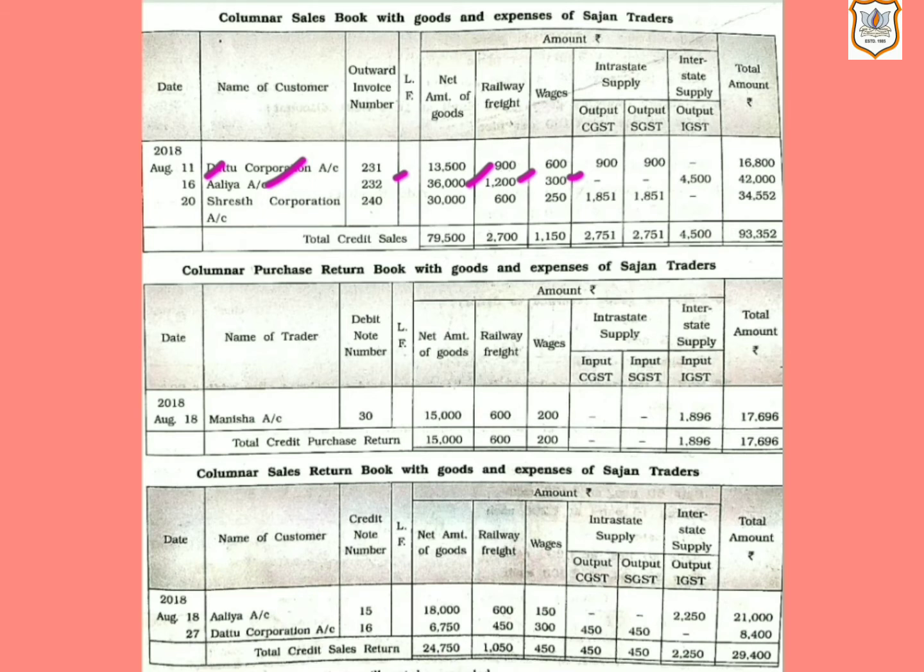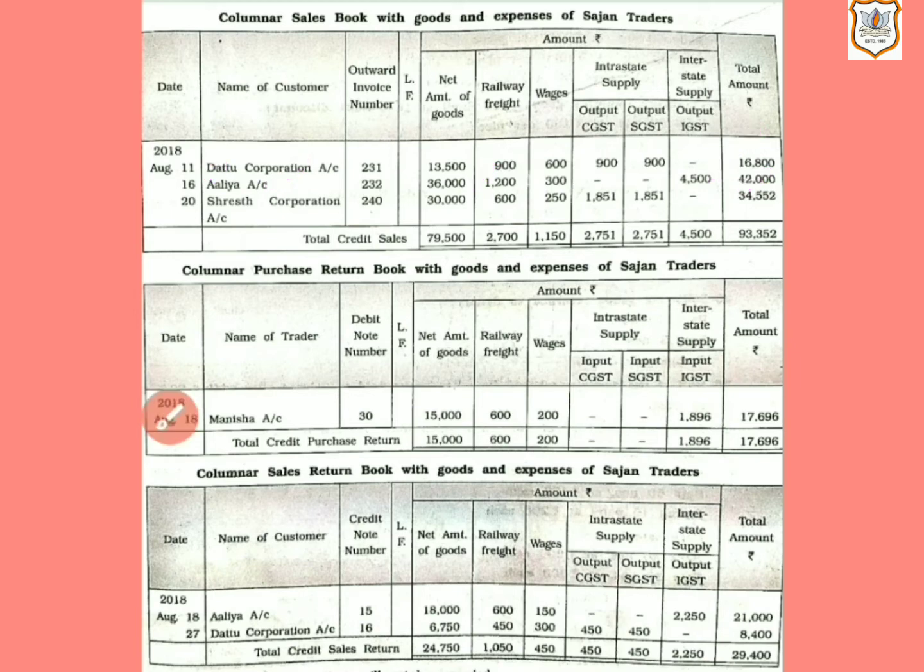That means 36,000 plus 1,200 plus 300, that comes to 37,500. So output IGST will be calculated on 37,500, that gives you 4,500. Then we will write total amount, that comes to 42,000.